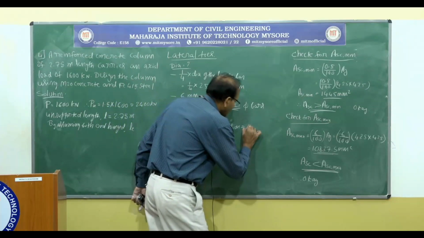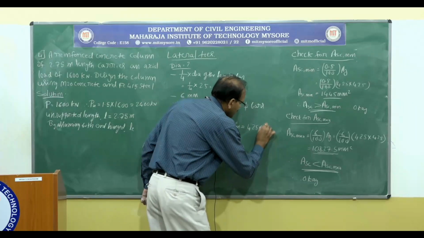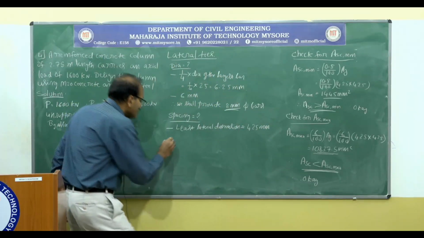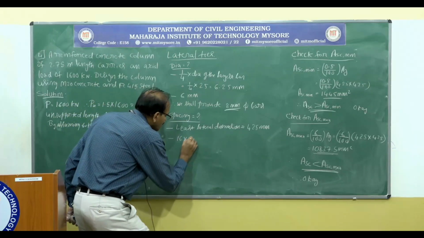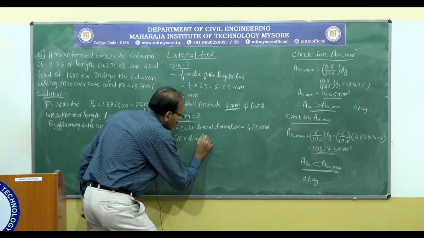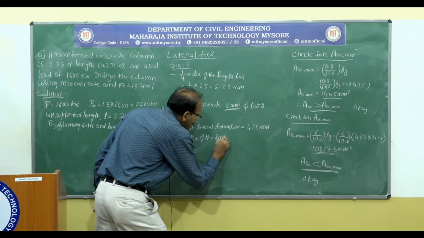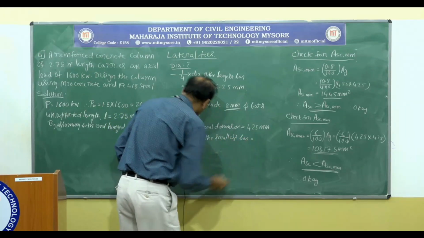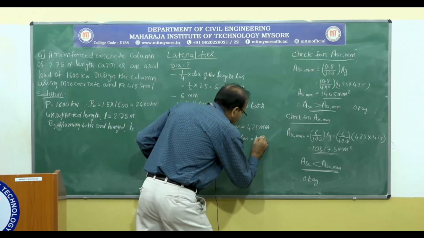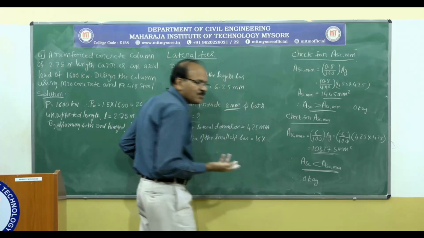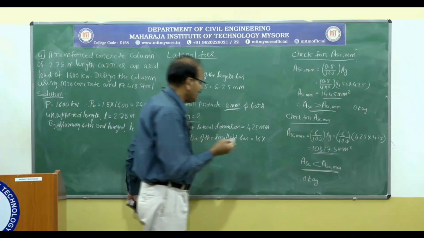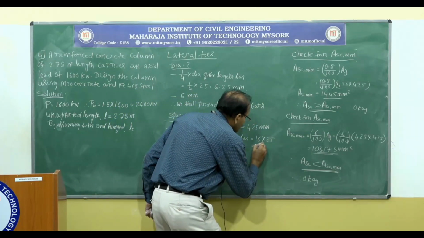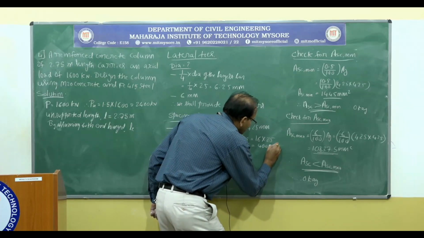So least lateral dimension is 425 millimeter center to center, and 16 times the dia of the smallest bar. 25 millimeter is the dia of the smallest bar, so that is 400 millimeter.